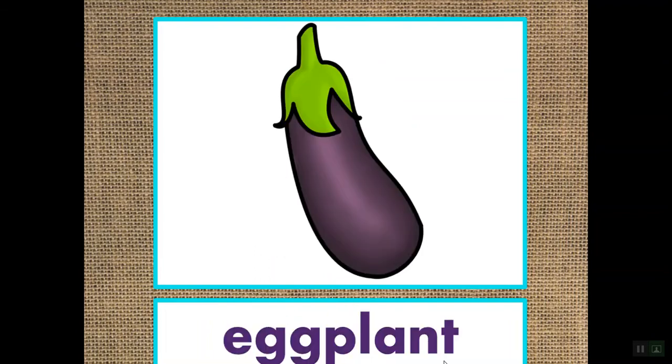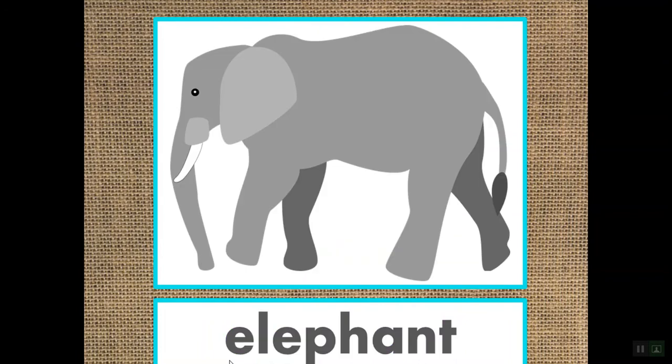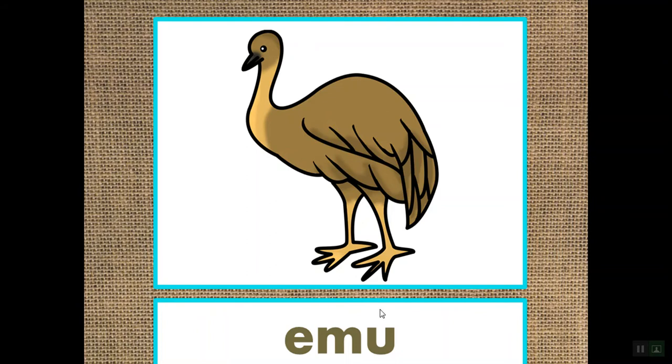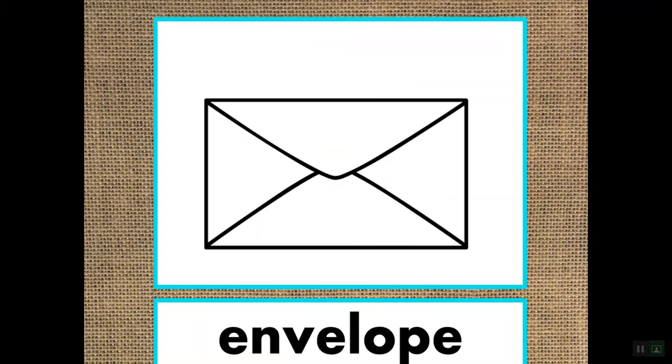Here's an eggplant, which is a vegetable that we eat sometimes. Eggplant. Here's an elephant. Elephant has eh at the beginning. Elephant. Here's elevator. Elevator has eh at the beginning. Here's an emu, which is a type of bird with the long E sound. I like this one a lot because it has our short sound eh at the beginning.